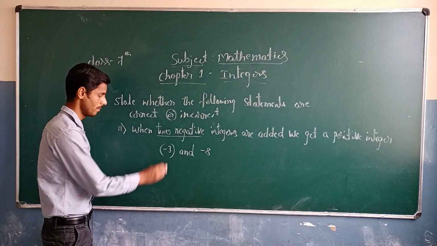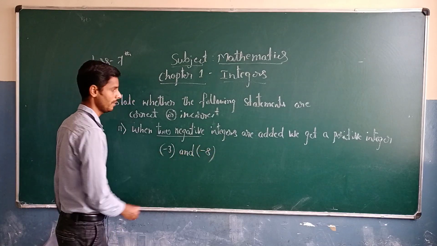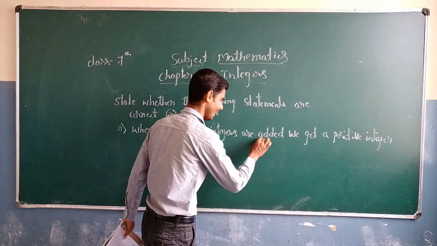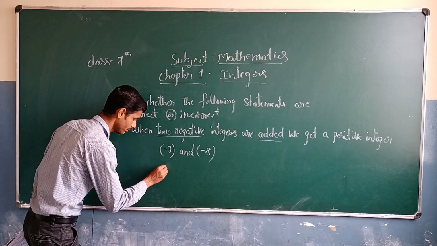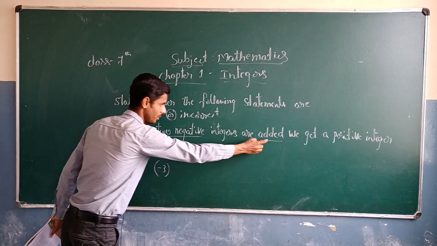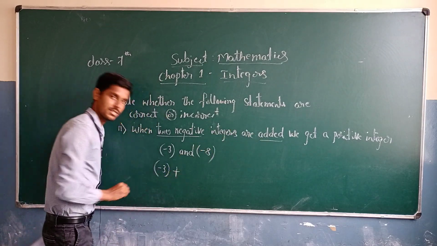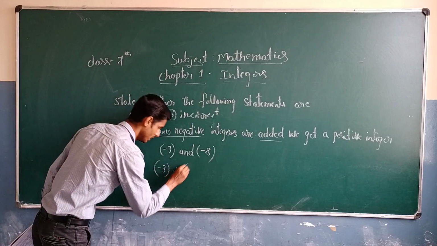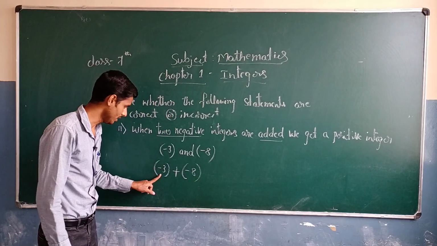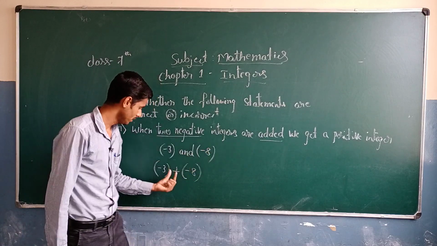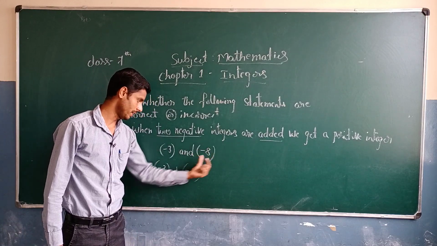What we have to do? Again, we have to add. So minus 3, we have to add means plus, of minus 8. Minus 3, we are adding plus again minus 8.